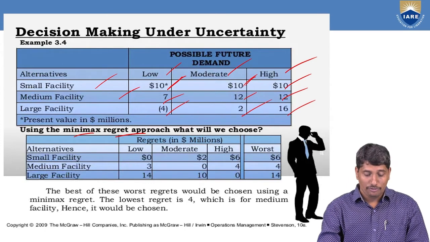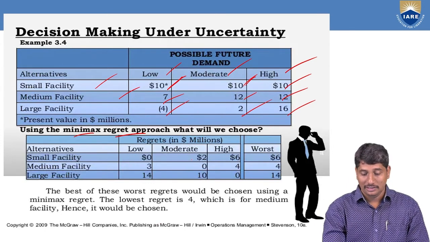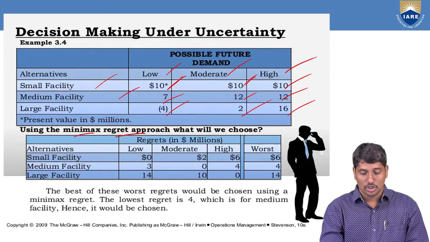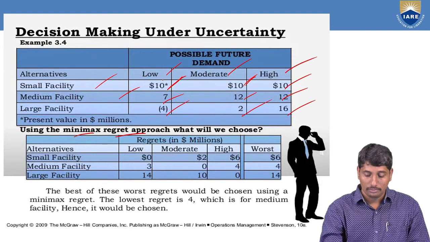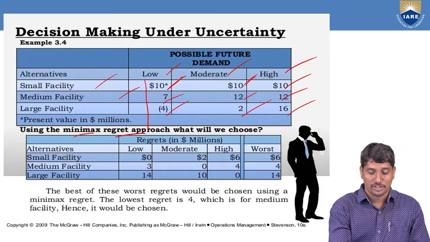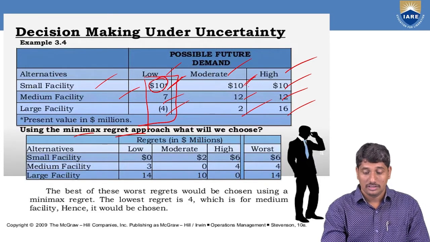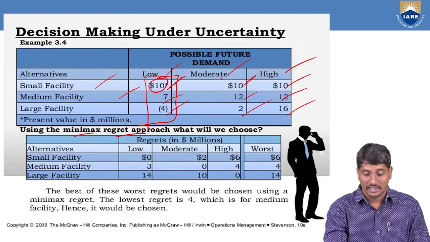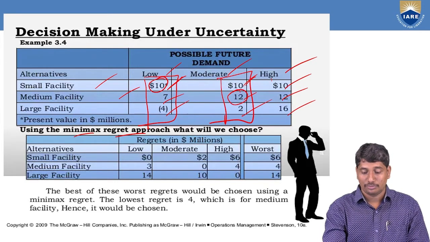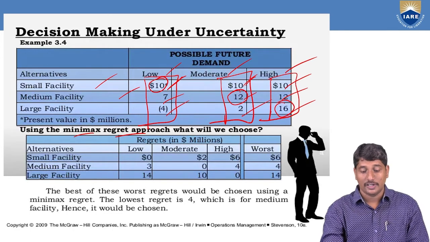Now, what we are doing is, from each column we select the highest value. That means from the first column we select the highest value, in the second column the highest value, and in the third column the highest value.